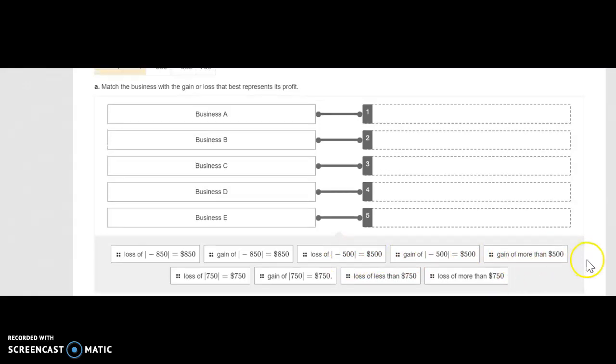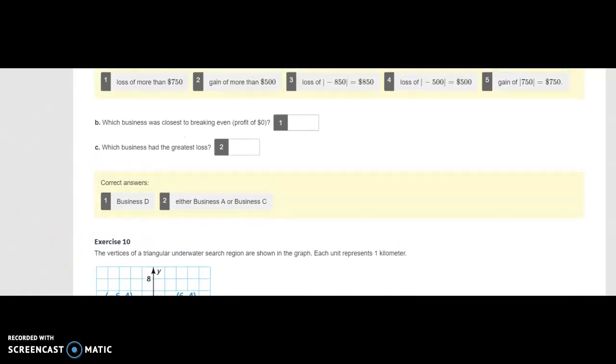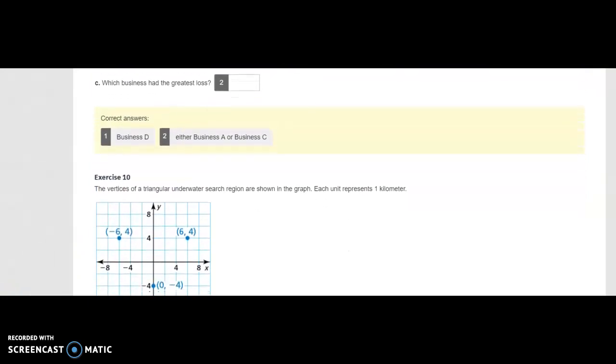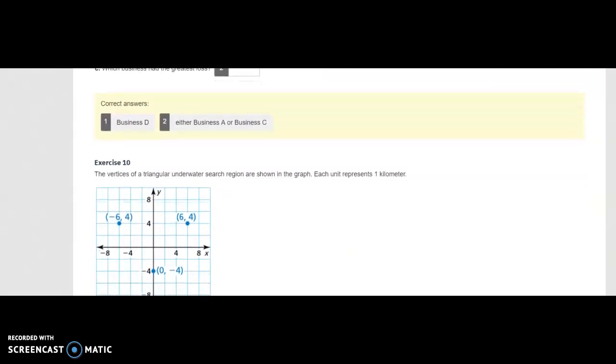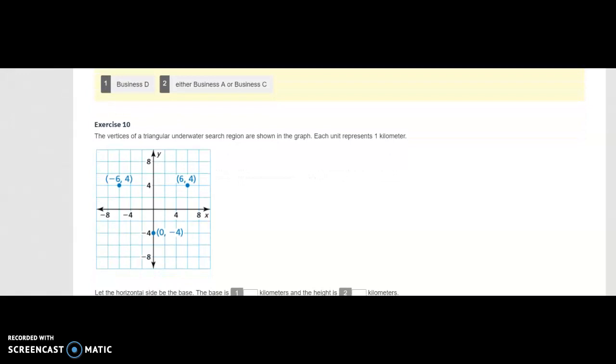C has a loss of 850, and when we think of that number line, here's our 0 and here's 850, how far away from it distance wise? So it's going to be a loss of $850. So it would be right here. And then I'm going to just let you guys finish the last two because they're pretty much the same exact thing. I'm going to give you the answers for 1 and 2. It's letter D, business D, and number 2 is business A or business C.